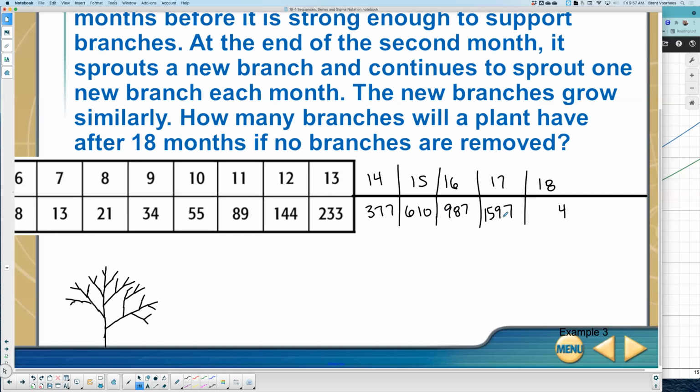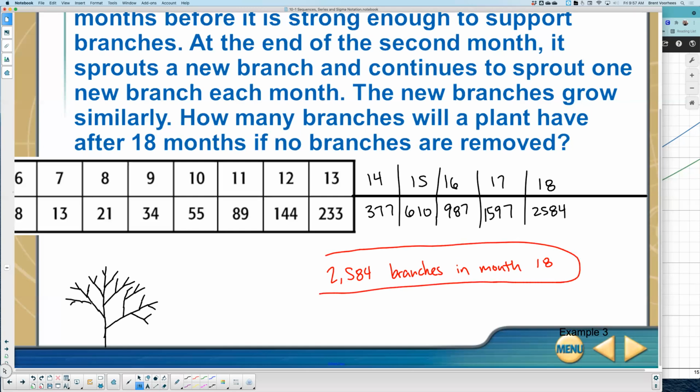It'll end with a 4. Add 1, 10, 18. Add a 1, 6, and 9 is 15. 2584 is what I'm getting. So in month 18, there should be 2,584 branches.